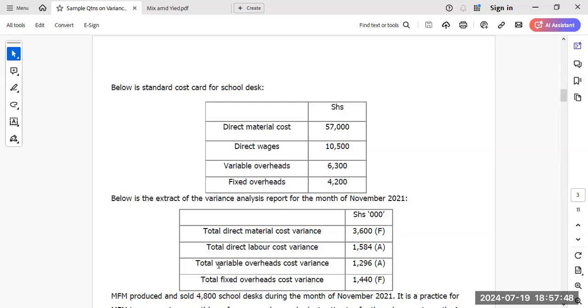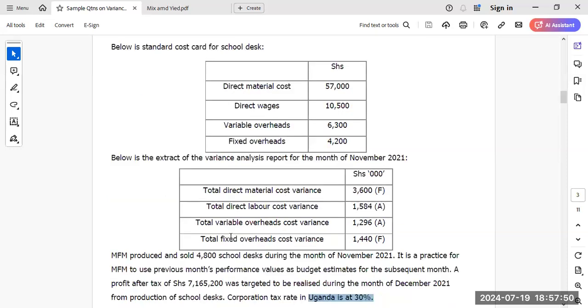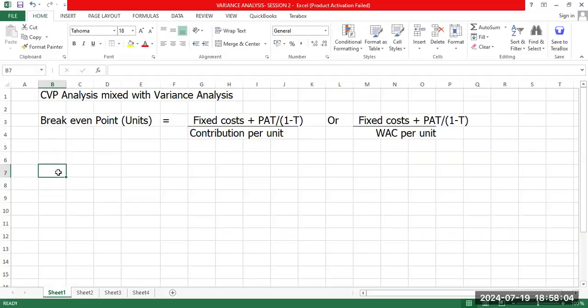How can I get actual variable overheads? How can I get actual fixed costs? And it is possible. How? You are going to do a working somewhere. This is your working. And in this working, you need actuals. You need actual information.